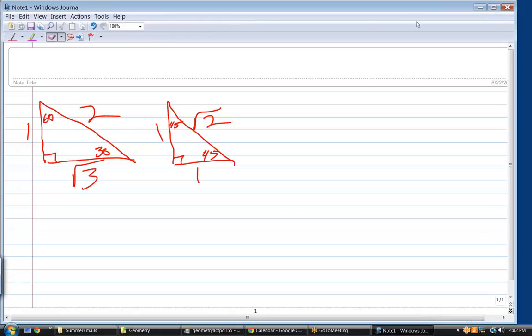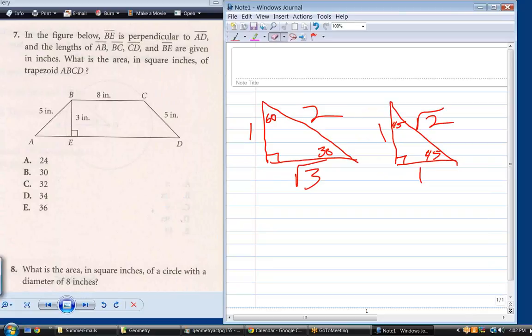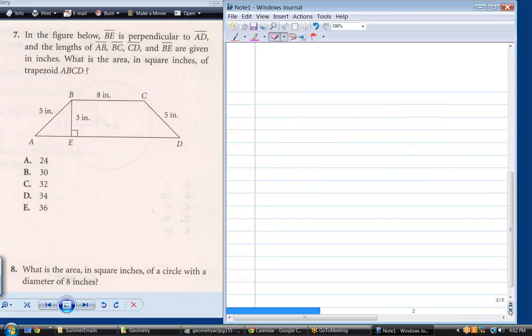Okay? So, we can do a couple of things. Let's break that trapezoid up into a rectangle and 2 triangles. Like this. In other words, I'm going to use the line they have, and then I'm going to drop a line there.